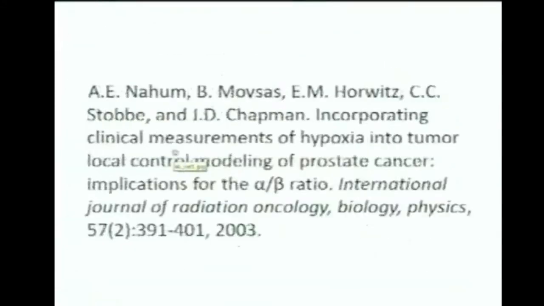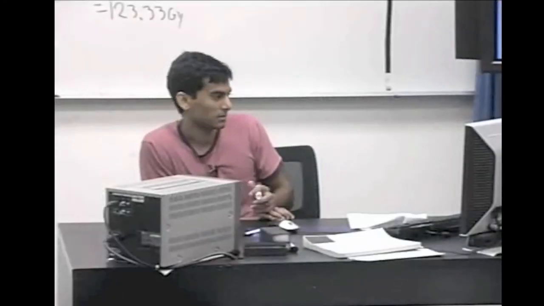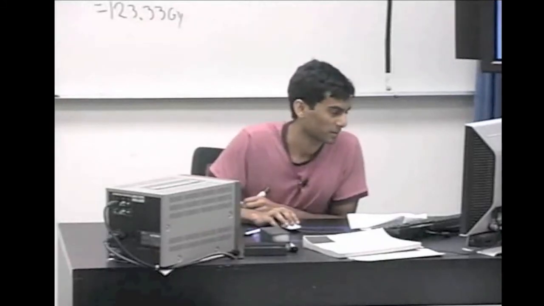Because it is such an early responding tissue type, if you deliver a dose in too short an amount of time, there might be a very severe reaction of the acute mucosal epithelium, which is kind of what makes up the rectum. So that was one consideration they pointed out.